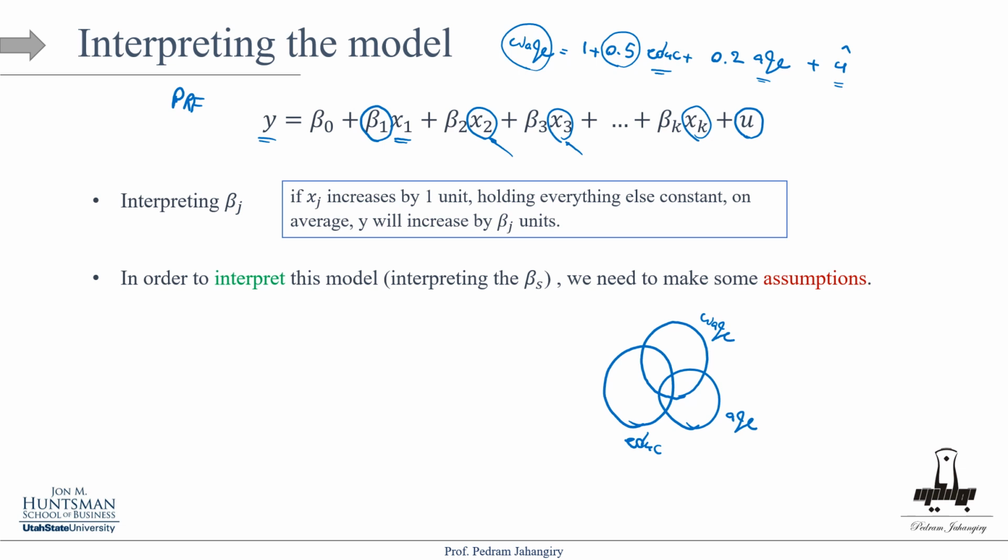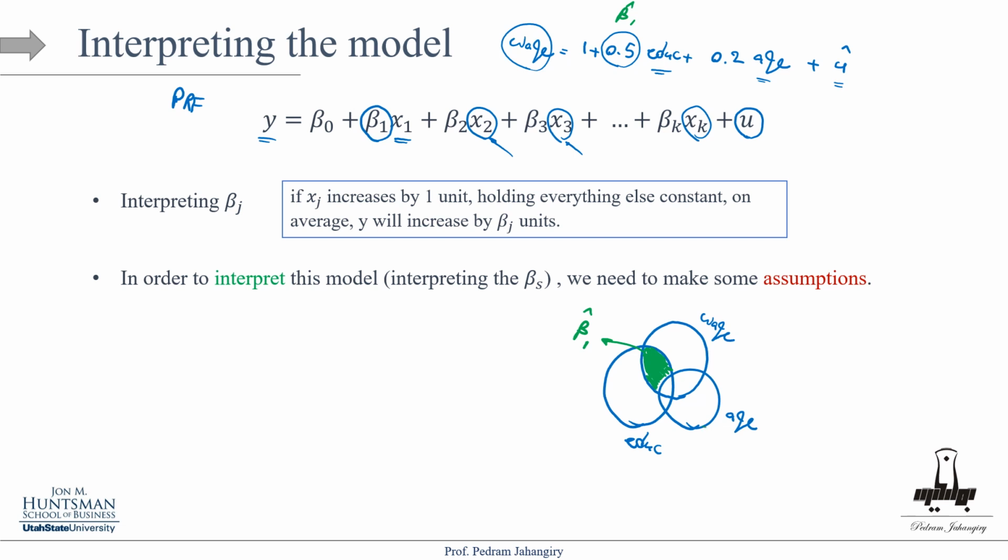Now what we're interested in is this. We want to see what is the relationship between wage and education. I'm going to call this beta hat education, or beta hat 1 in this example. What is the relationship between wage and education holding everything else constant? In this example, there's only age.